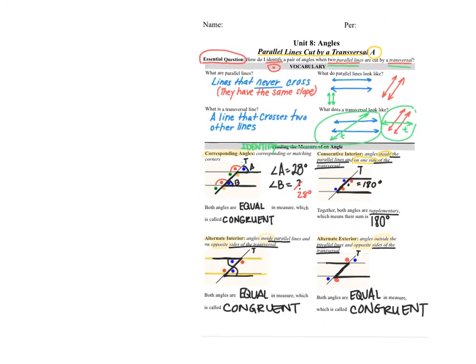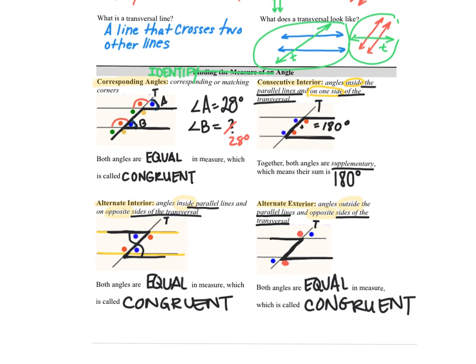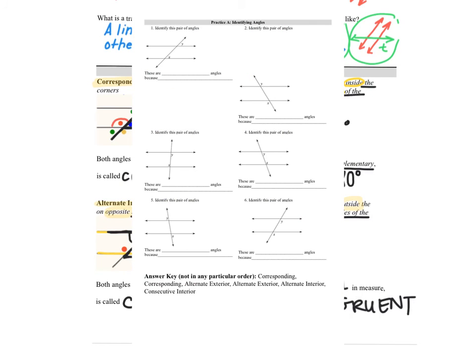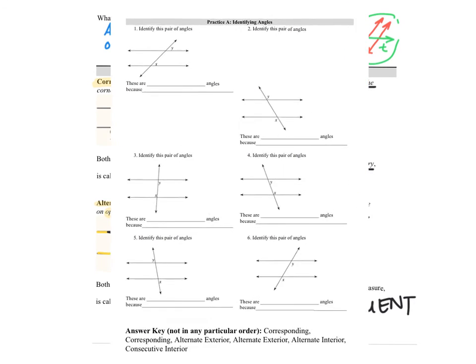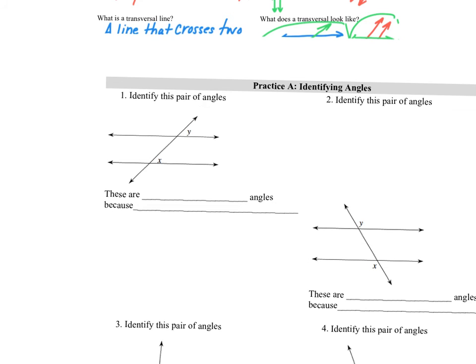But what we're going to be doing today is we're going to be identifying. So with identification, I just went ahead and popped this practice up here. What it's going to do is it's going to give you an example, just like what you see here. Here's the example, and they want you to tell us what kind of angle it is. Is it alternate exterior, alternate interior? You have your four choices.